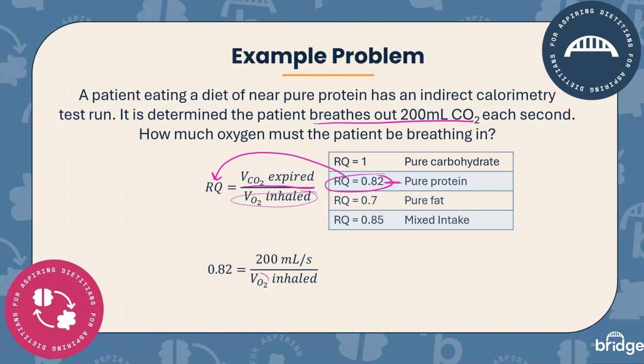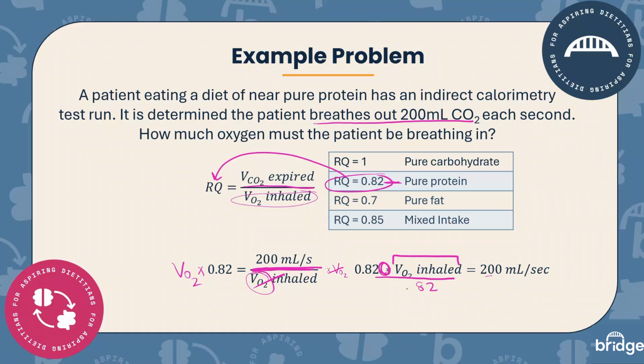If I want to solve for this bottom, V, which we could call X, we need to get it out of the denominator. It's stuck to 200 by division, so we have to undo division. That's multiply both sides by the volume of oxygen. When we do that, the volume of oxygen cancels out, and we're left with 200 equals 0.82 times V. But we want this V, so we need to undo multiply, meaning we have to divide both sides by 0.82.